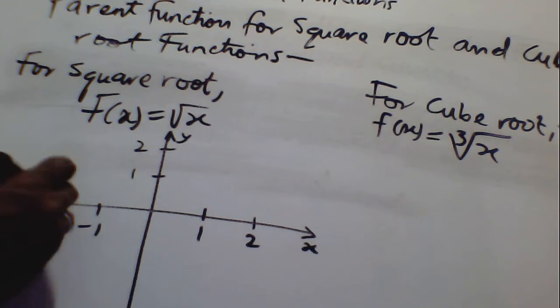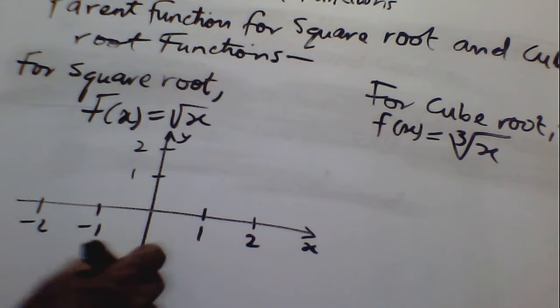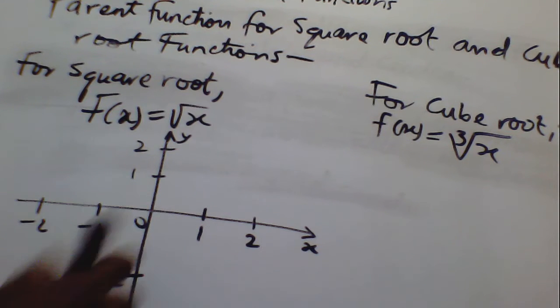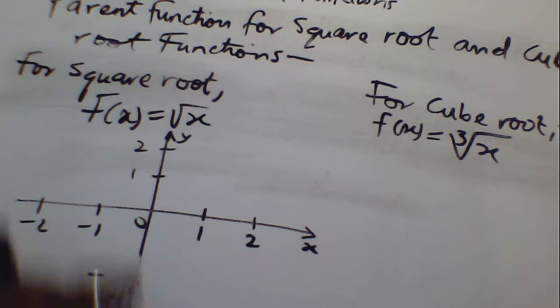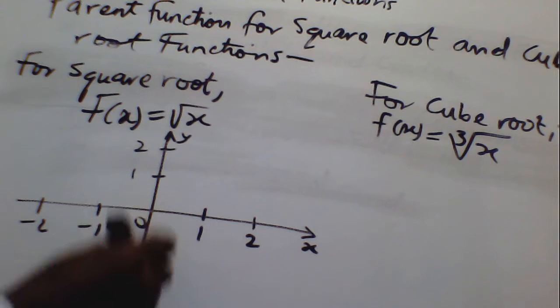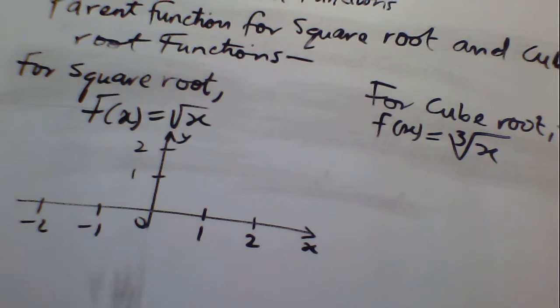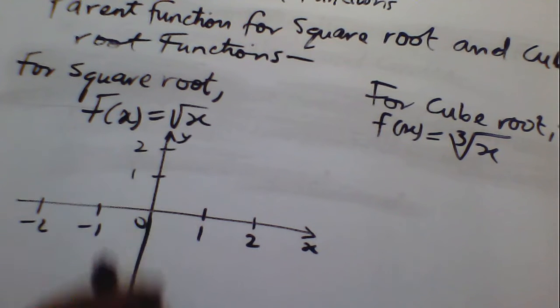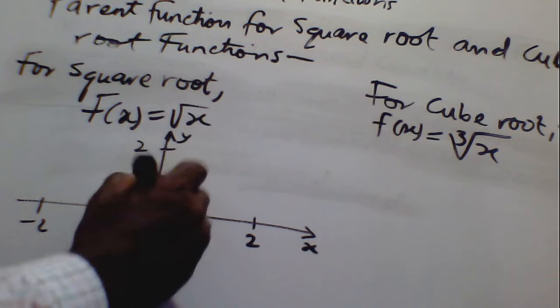So let's say we have minus 1 here, minus 2 here. So the graph will look like this.